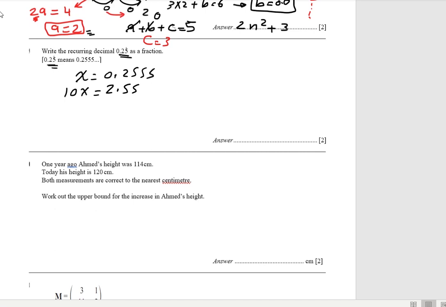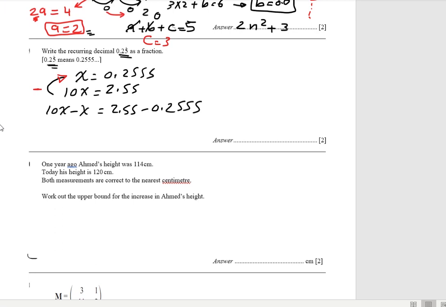Now 10x minus x will be equal to 2.555 minus 0.2555. We subtract this equation minus this equation.